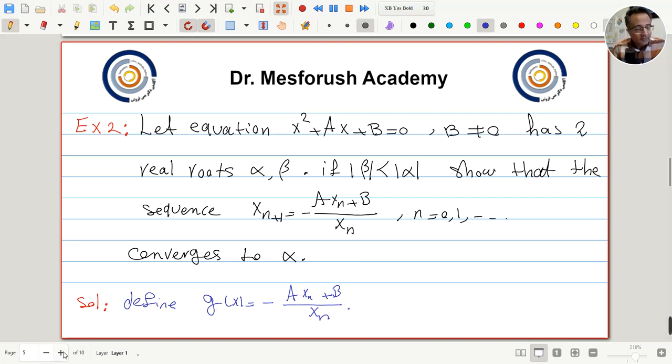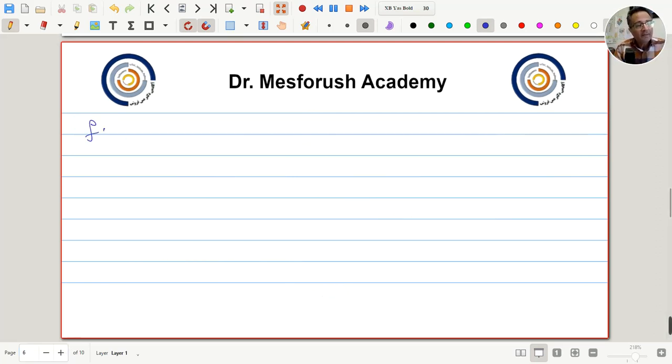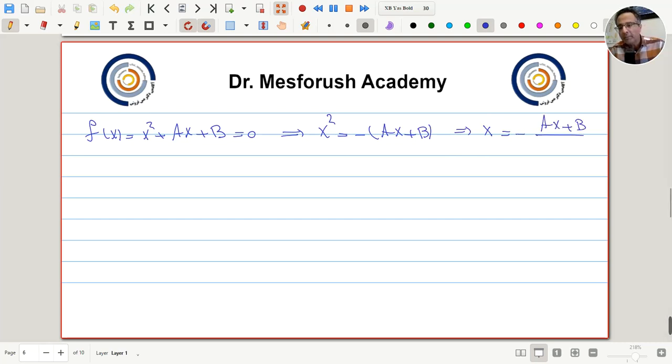To this end, let me start from the equation. Consider f of x equal to x squared plus ax plus b equal to 0. This gives x squared equal to minus (ax plus b), and this gives x is equal to minus (ax plus b) over x.